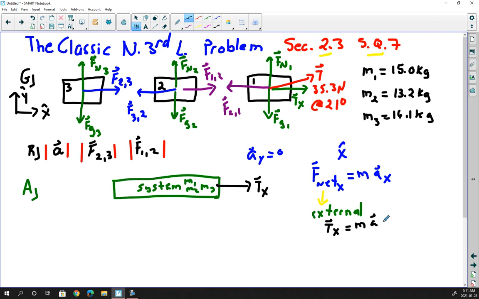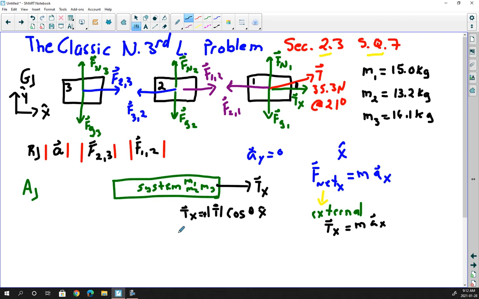Acceleration in the X direction. Well, what is tension X? Tension X would equal the magnitude of the entire tension. This 35 degrees is right here to the horizontal, so that's cosine if we're doing components here. Cos theta x hat, and it's in a positive direction.